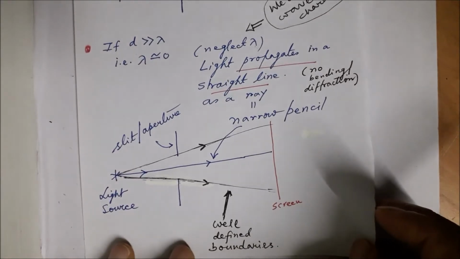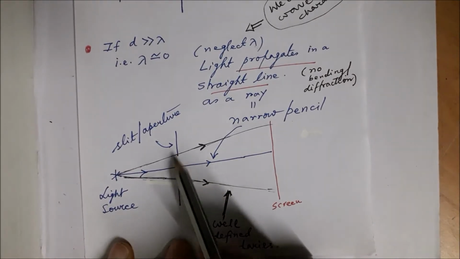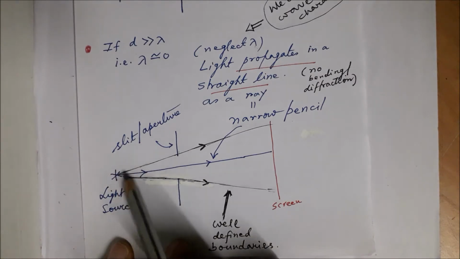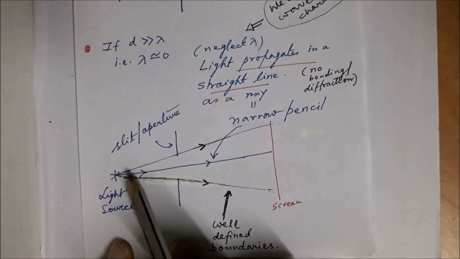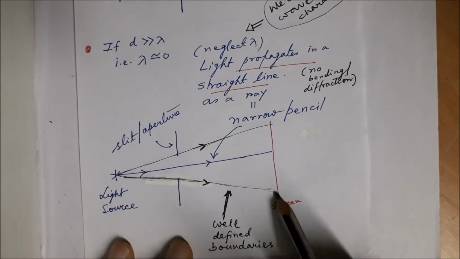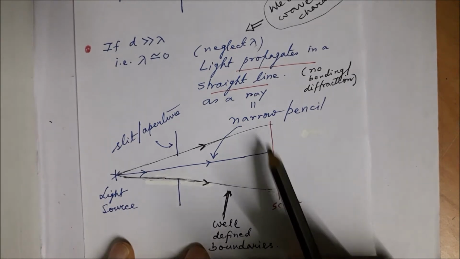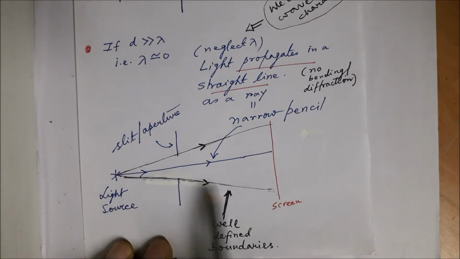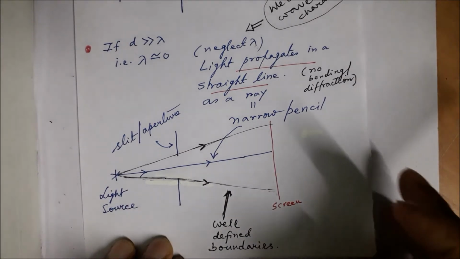Here is the aperture or the slit, this is the source, and these are the pencil of light, they move straight. So this is the illuminated region, and we have well defined boundaries defined by light.